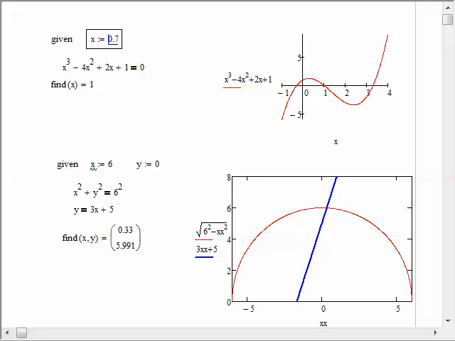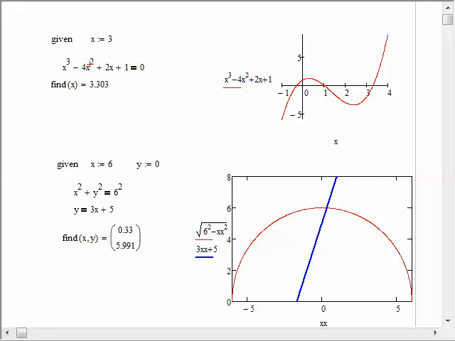If we started from a guess of 2, I would expect it to head toward the solution of 1, and it does. But if we did a guess of 3, I would expect it to head to the answer that's in the neighborhood of 3. I think you can see this cursor. If not, I'm pointing to the solution near 3.